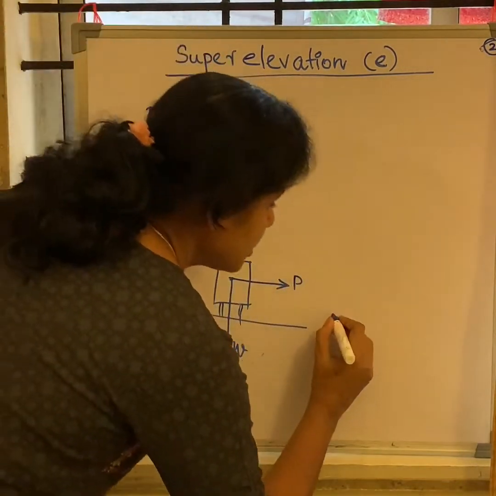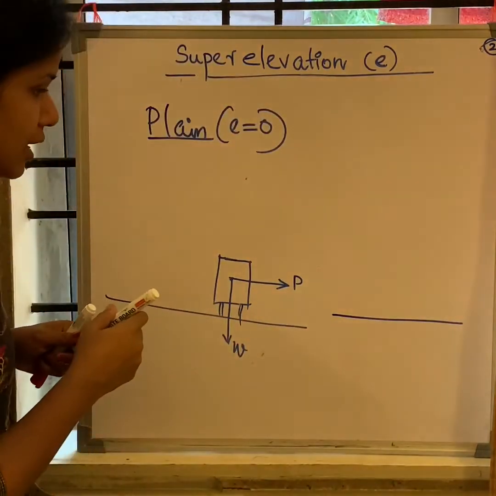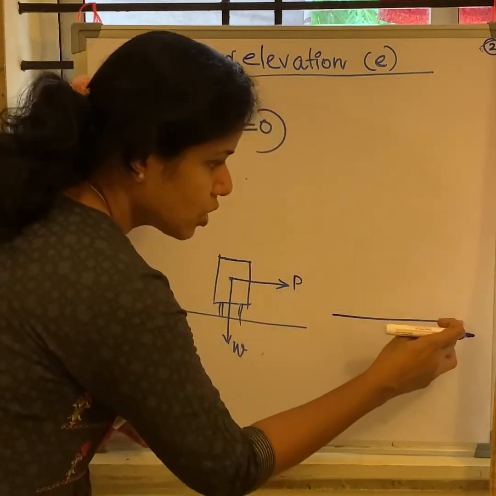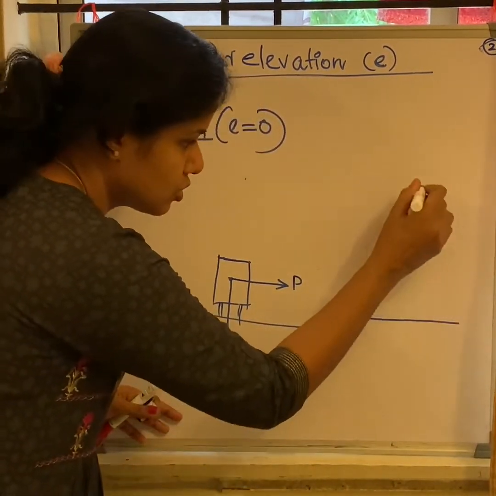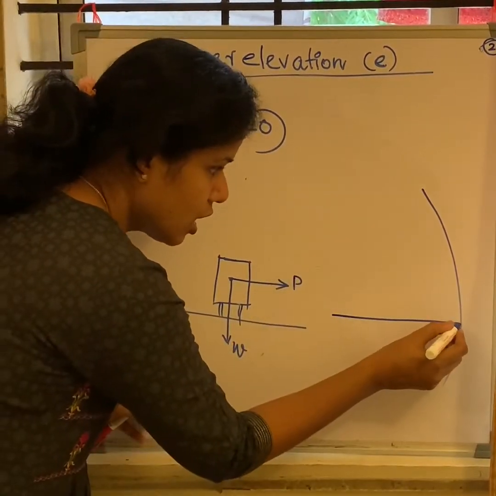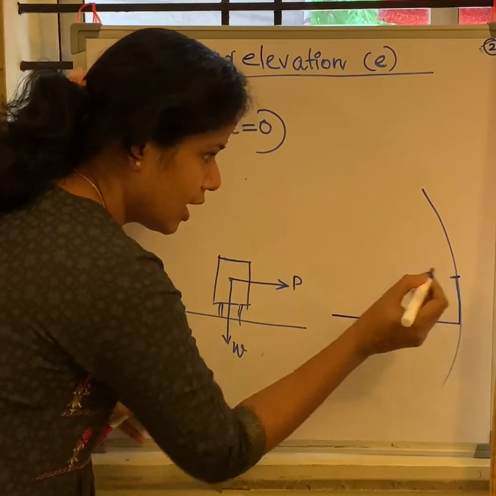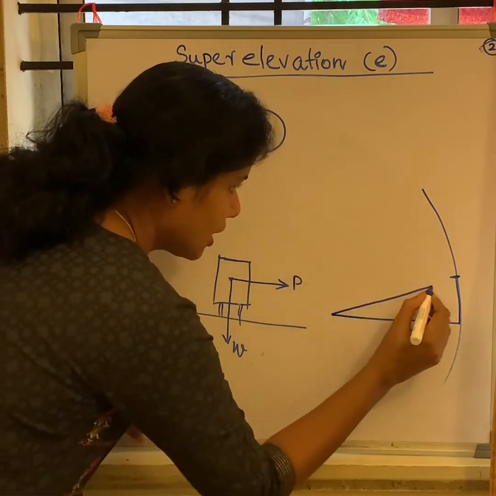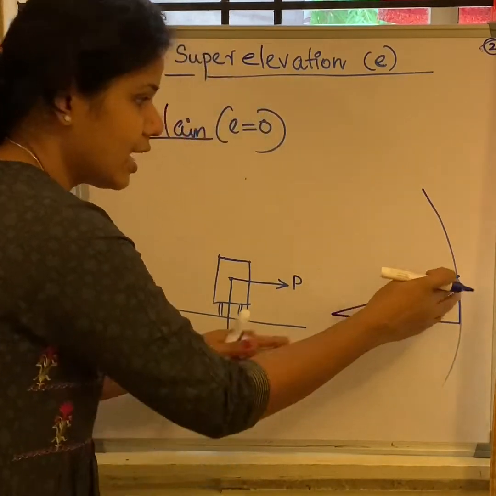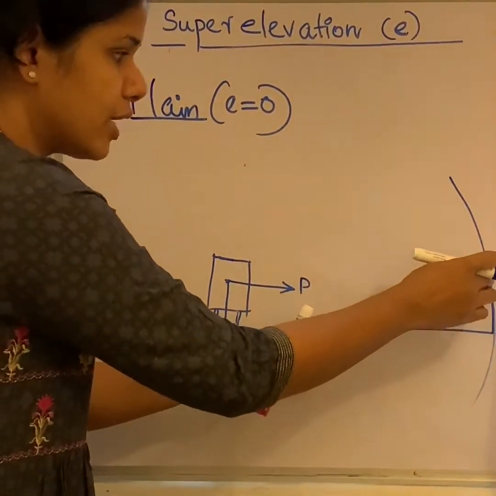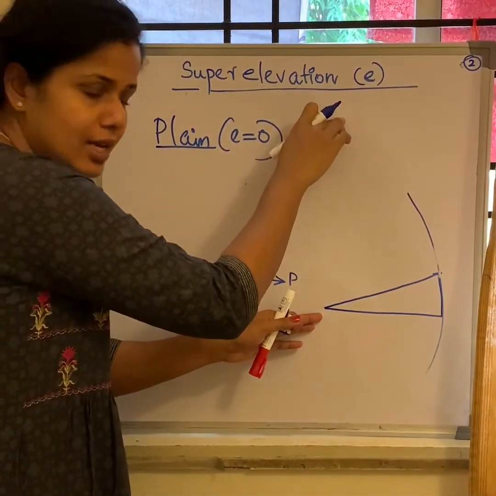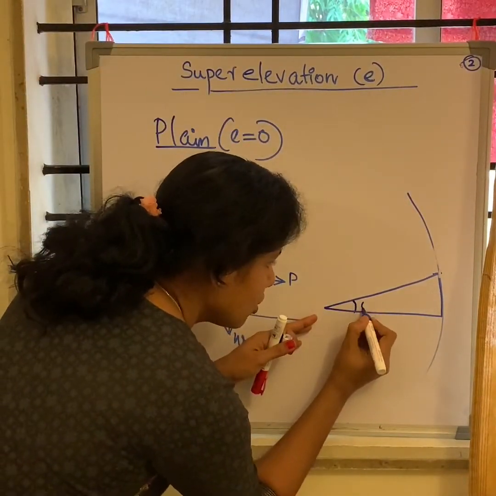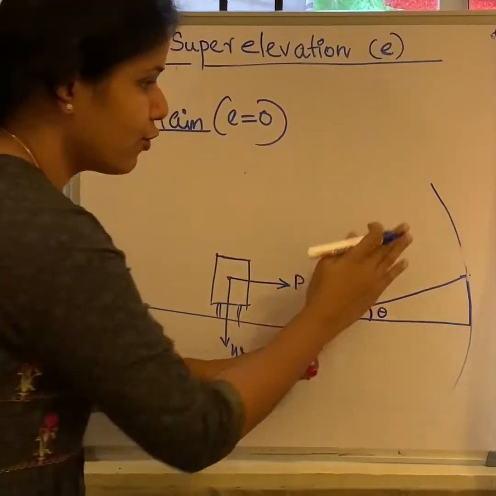Now, what are we saying? On a super elevated curve, I am going to raise the outer edge. If this is the outer edge, I am going to raise it so that I am creating a transverse slope or inclination throughout the horizontal length. This inclination, this angle, I can mark as theta for your understanding.